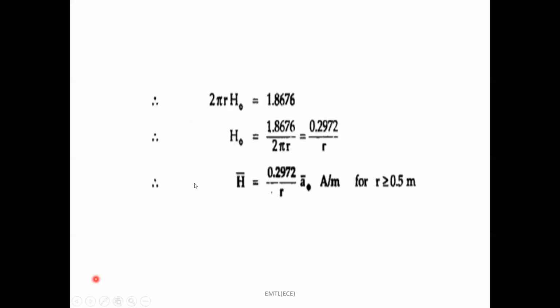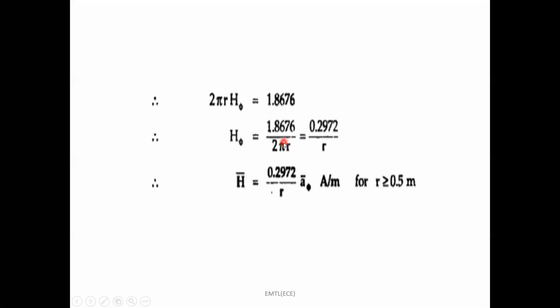So H bar dot dl bar is equal to H phi r d phi, equal to I. Here r is constant and the integral of d phi with limits 0 to 2 pi is 2 pi, so 2 pi r times H phi. As we already calculated the current I equal to 1.8676, substituting here, H phi is equal to 1.8676 by 2 pi r.